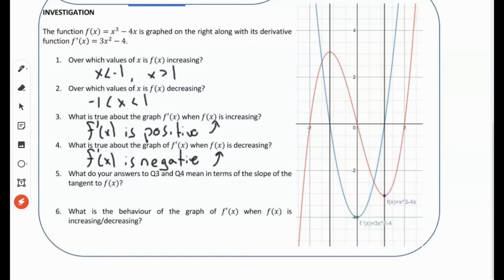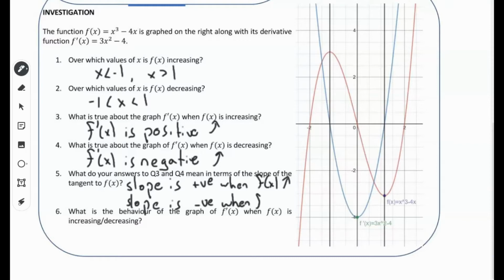Because remember, the derivative is the slope of the tangent. So you can say slope is positive, in short form, when f of x is increasing, and slope is negative when f of x is decreasing.